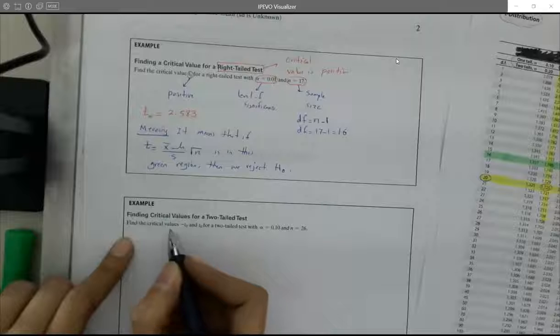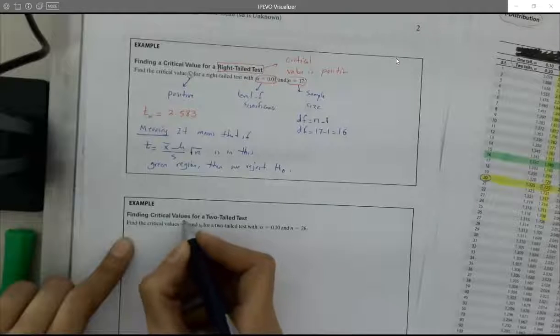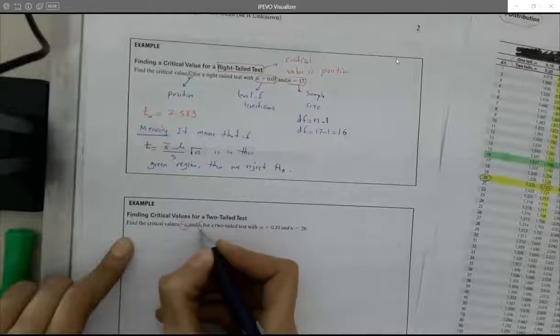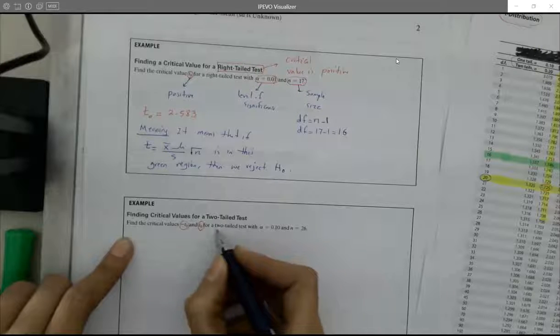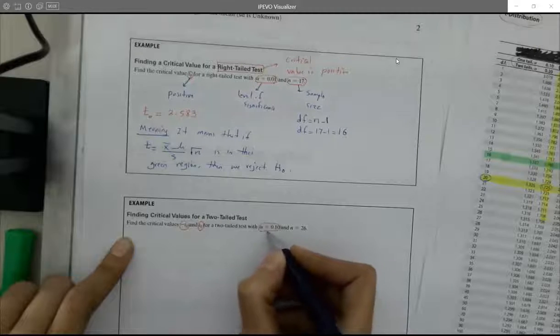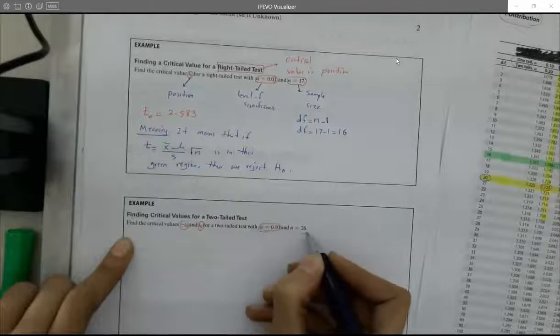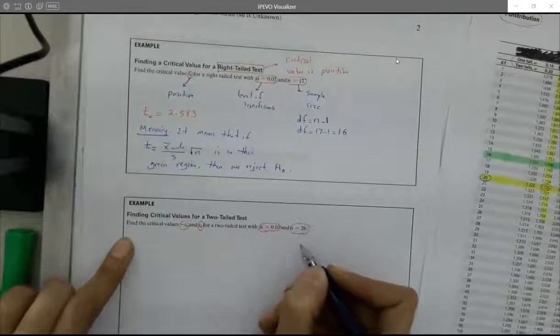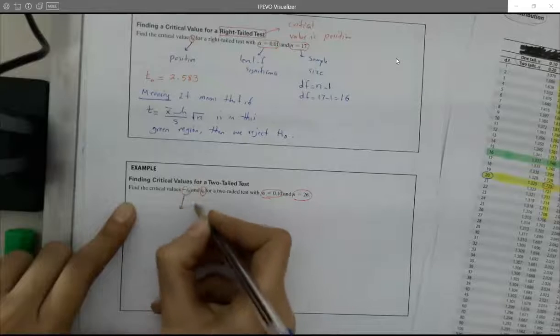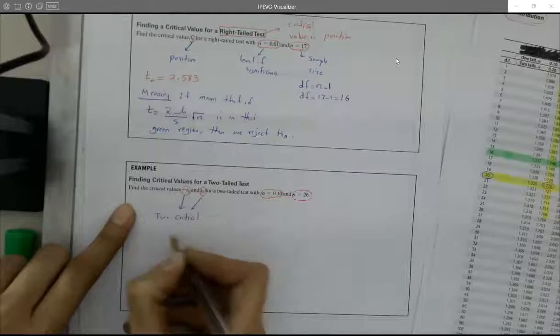So what information are given to us? Find the critical values minus and plus t sub 0 for a two-tailed test when alpha is 10% and your sample size is 26. Two critical values.